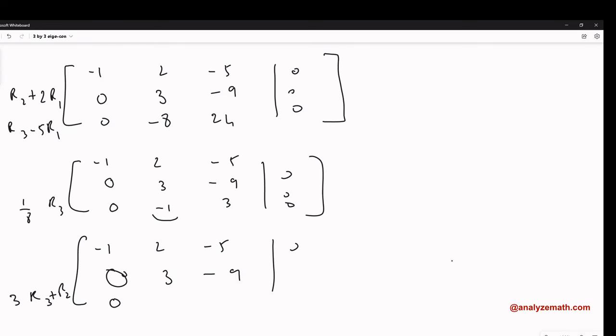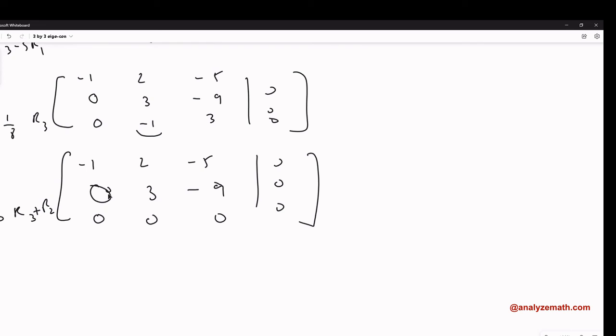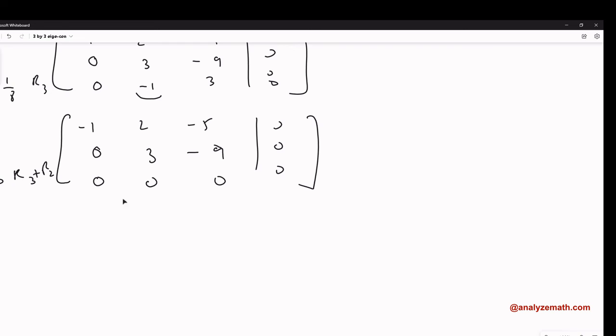So that will be 0, 0, 0, and then the zeros here. Now we start solving. That looks a little bit out of size. Good. We start solving. So we go to the last row. 0x1 plus 0x2 plus 0x3. We keep only one variable. 0x3 equal to 0. That means x3 can be any real number.